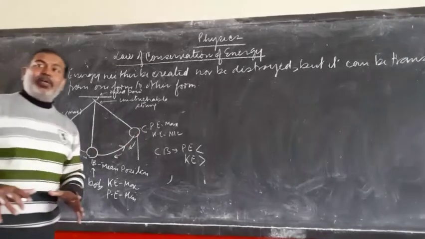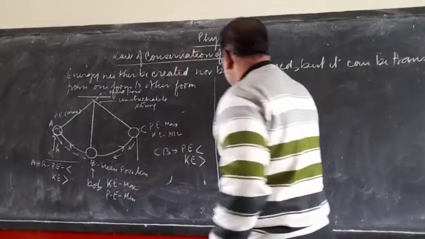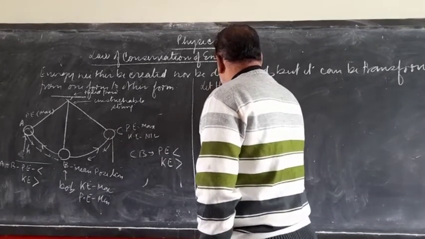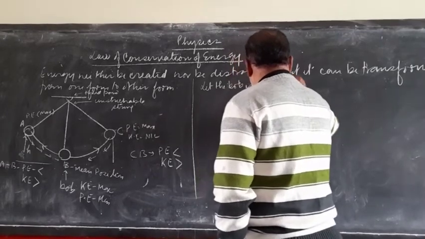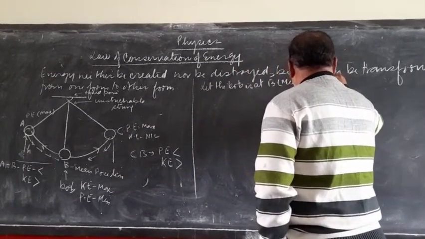What I have explained, you have to write it. Now how will you write, children? Let the bulb be at B. This one is known as the mean position.